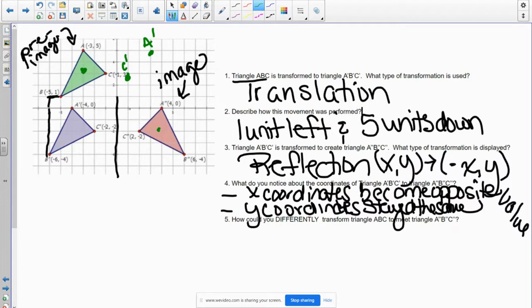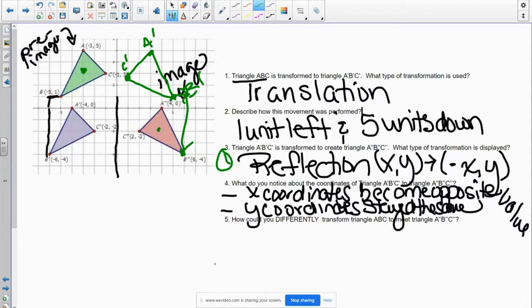B prime would be at 5, 1, 2, 3, 4, 5, 1. If I connect those, just visually looking at that, I could reflect it over the y first. So I've done this first. And then I could have, let's go B prime to double B prime. I would have gone opposite though. I would have gone right 1 and then down the 5.